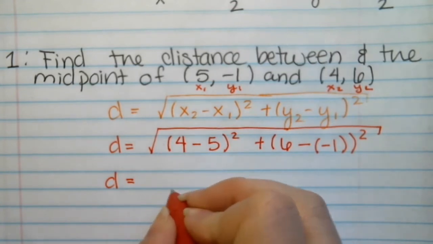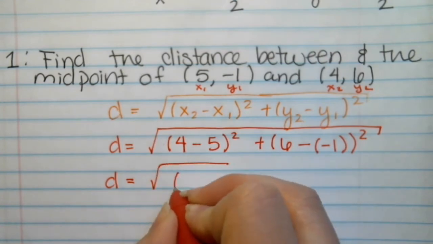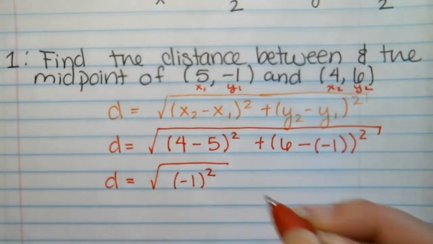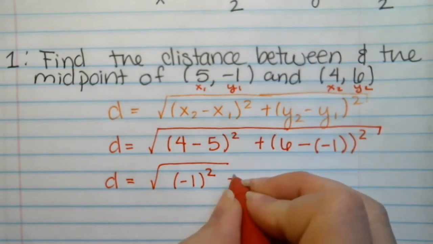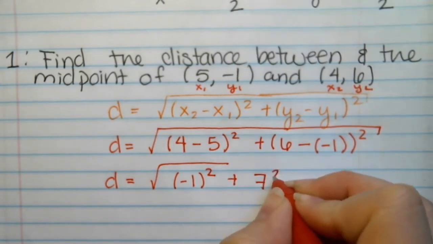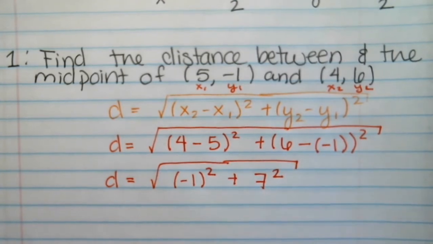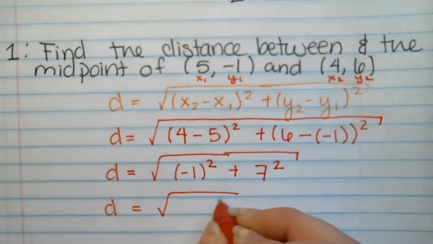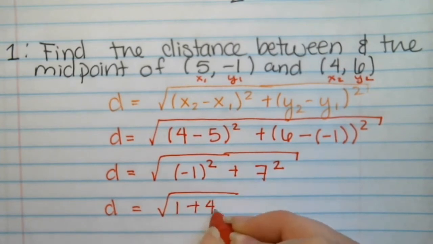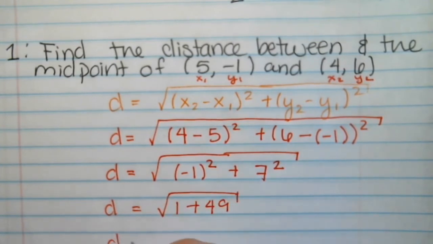So 4 minus 5 is negative 1, squared, okay? And 6 minus -1 is 7. So we're going to have that this is the square root of 1 plus 49, which of course is 50.